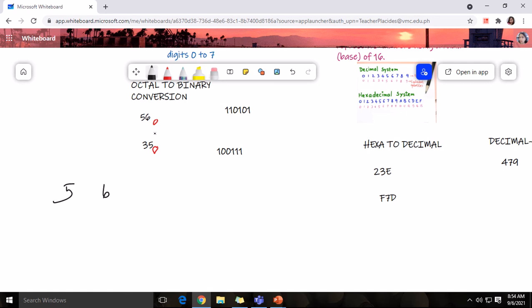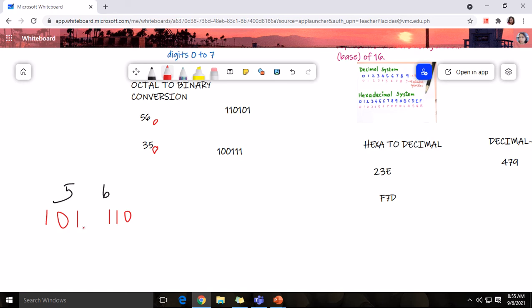So all you have to do is convert the octal to binary. For instance, 1, 0, 1, and then 1, 1, 0.